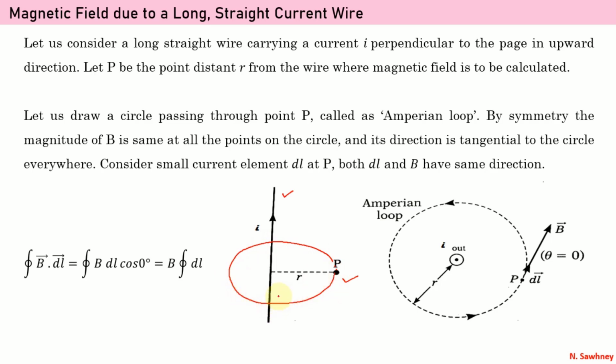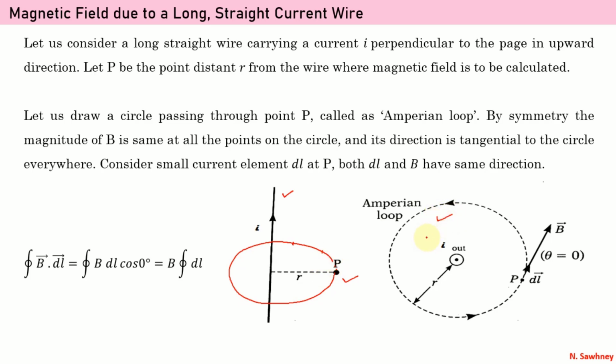By symmetry, the magnitude of the magnetic field is same at all the points on the circle, and its direction is tangential to the circle everywhere. Let us see the top view of it.